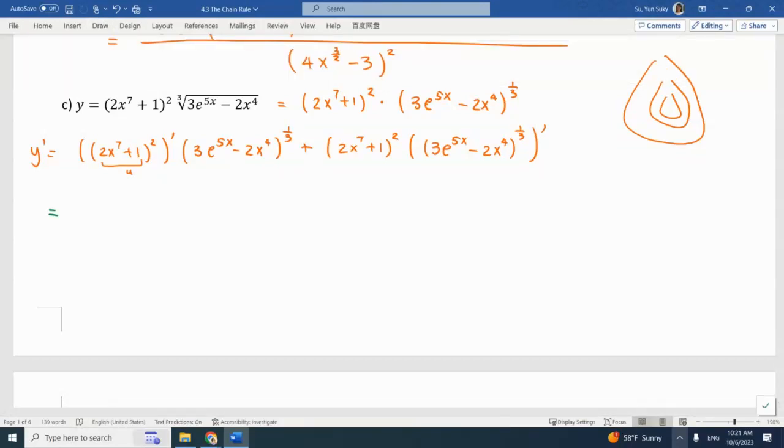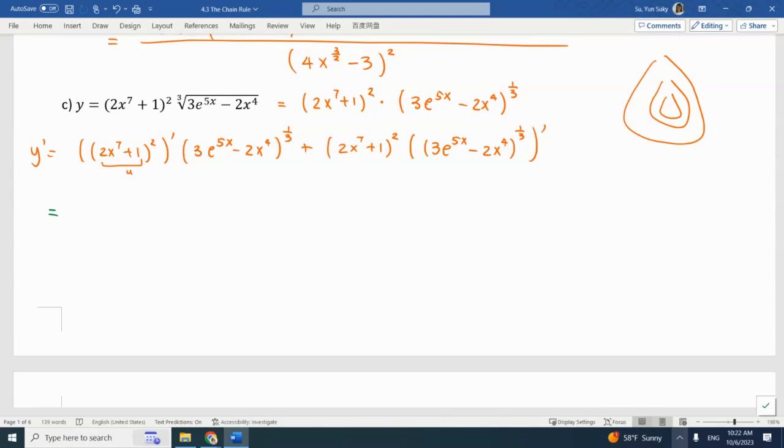This is like u squared. What is the derivative of u squared? Joseph, what's the derivative of u squared? Yeah, so it's 2u times u prime, right?